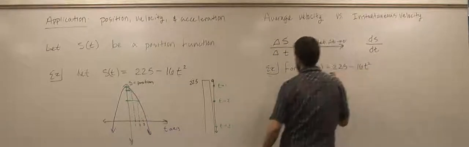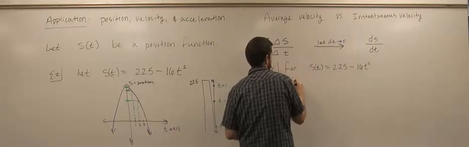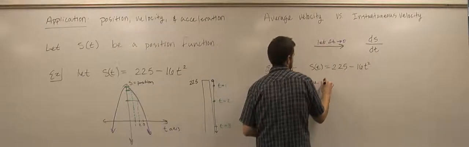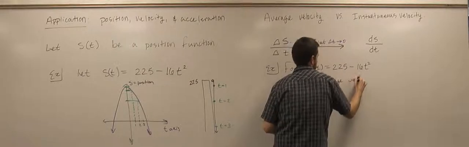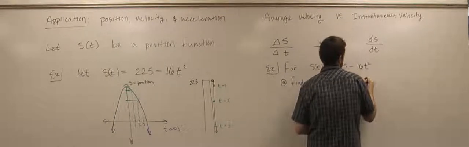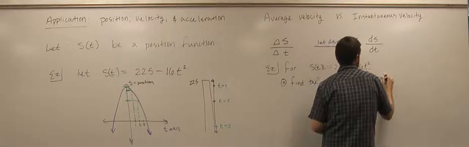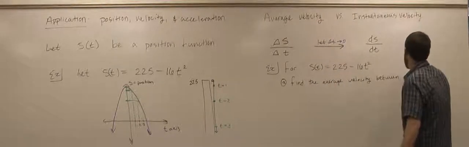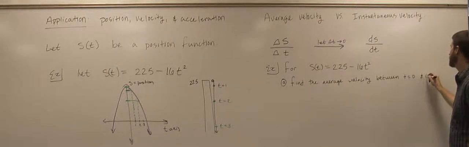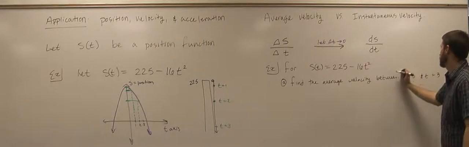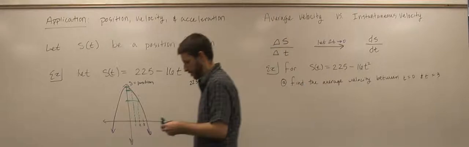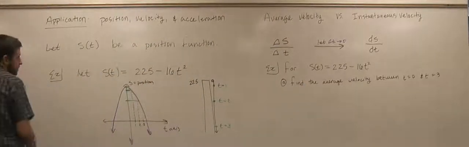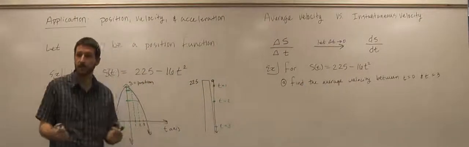Find the average velocity between t equals 0 and t equals 3. Just plug it in.